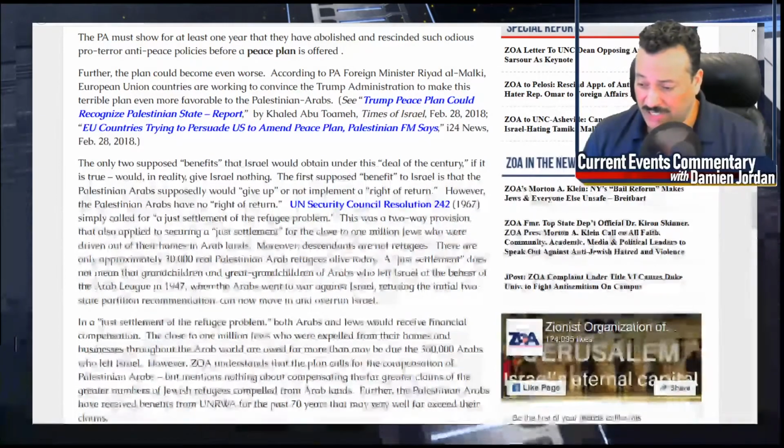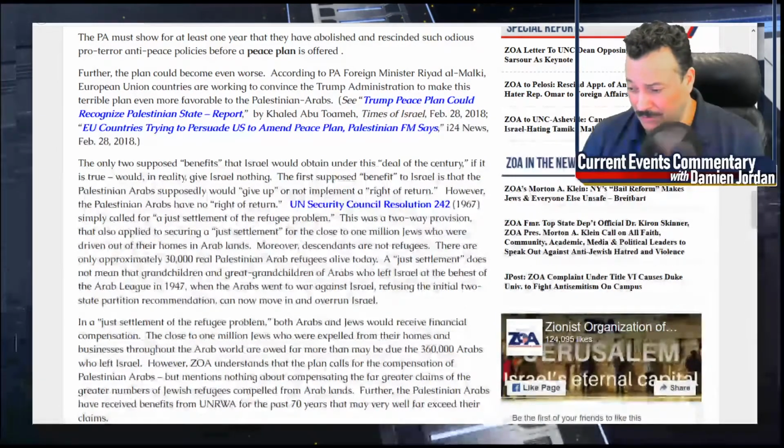In a just settlement of the refugee problem, both Arabs and Jews would receive financial compensation. The close to 1 million Jews who were expelled from their homes and businesses throughout the Arab world are owed far more than may be due the 360,000 Arabs who left Israel.